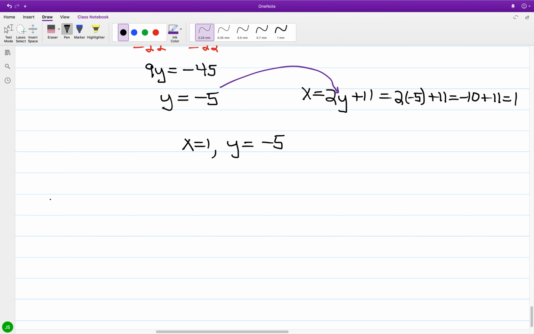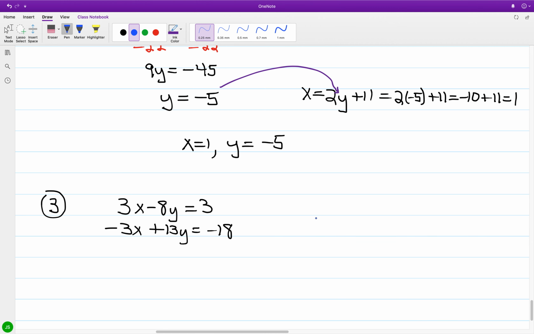Now, for what we have in the case of number 3, we have a system of equations where we have 3x minus 8y is equal to 3, and also negative 3x plus 13y is equal to negative 18. And what I can do here is, I already have additive inverses between the x terms, so I can utilize what is referred to as the addition method.